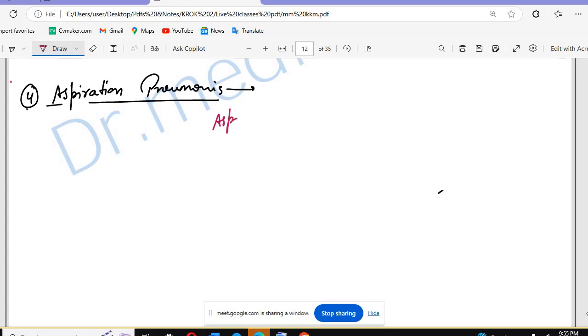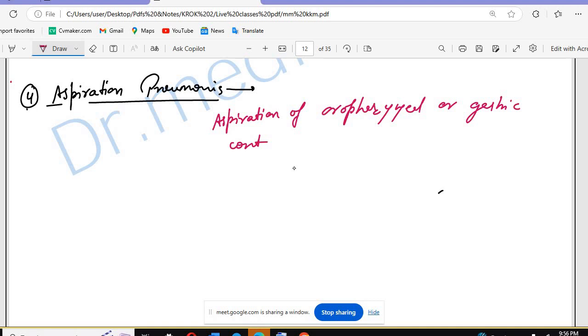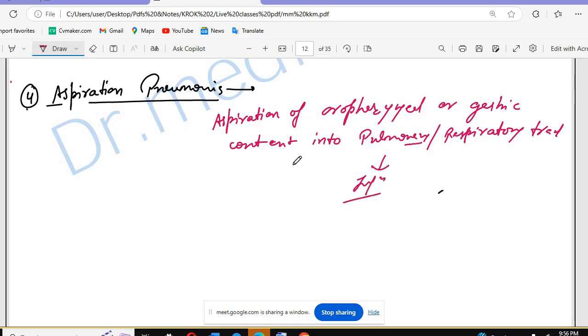So the aspiration of oropharyngeal or gastric content into the pulmonary, in that respiratory tract, will lead to infection.